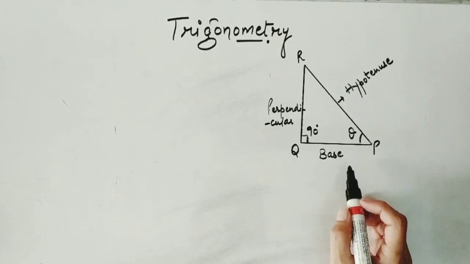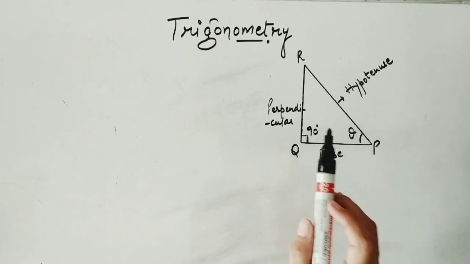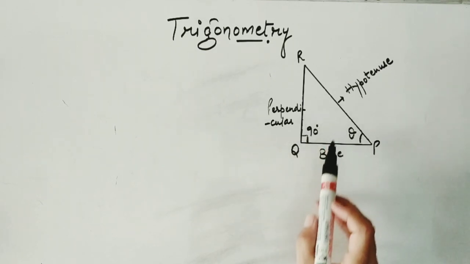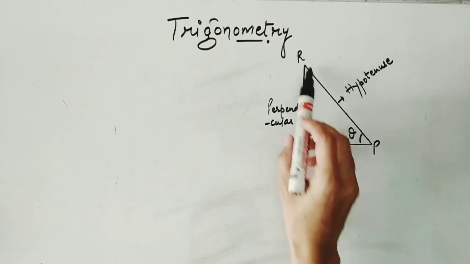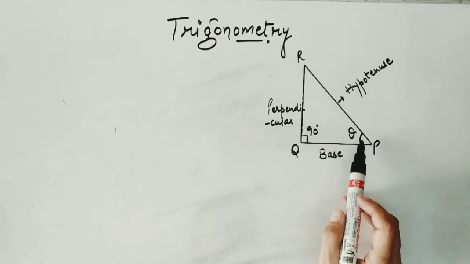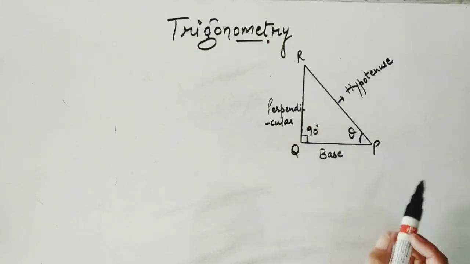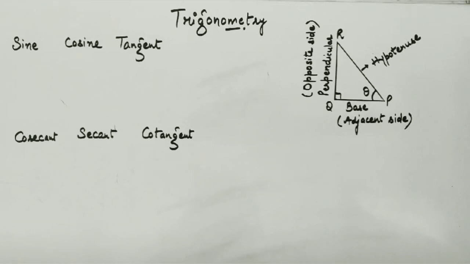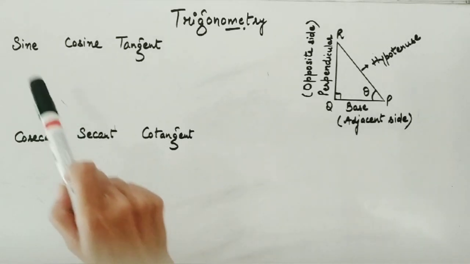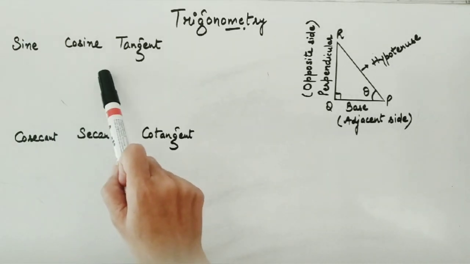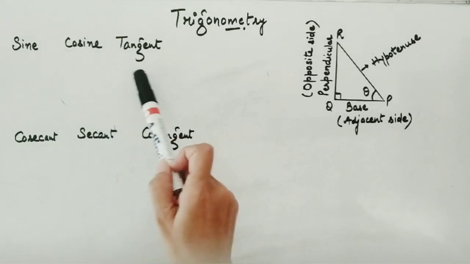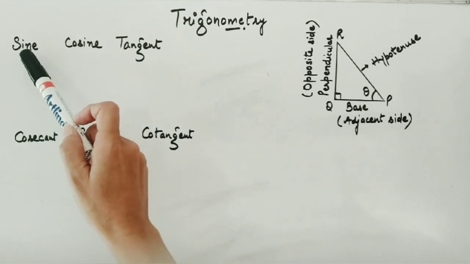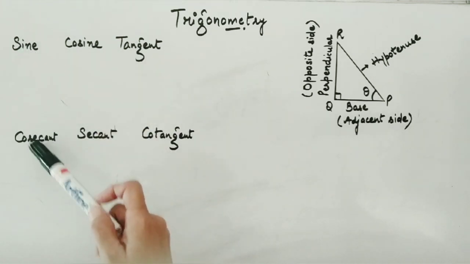Now in trigonometry we have to deal with the relationship of these three sides, which are base, perpendicular and hypotenuse. Their relationship would be studied with the angles. So basically we have these 6 trigonometric functions: sine, cosine, tangent. I would call them their partners.